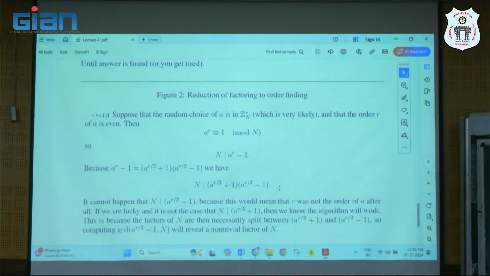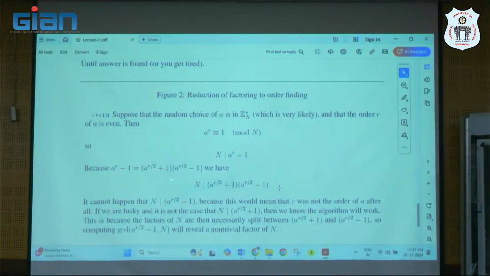That means A to the power R minus 1 is 0 mod N. That means N divides A to the power R minus 1, agreed? Now you see, we have this formula, right? A to the power R minus 1 is A to the power R over 2 plus 1 times A to the power R over 2 minus 1. Agreed?